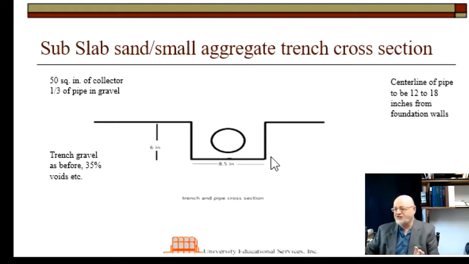The conditions are approximately this, that at least a third of the pipe, roughly, has to be set within the gravel. And the other condition is that the total cross-sectional area included by the pipe cross-sectional area and the cross-sectional area of the trench, the sum of those two has to come out to be at least 50 square inches.